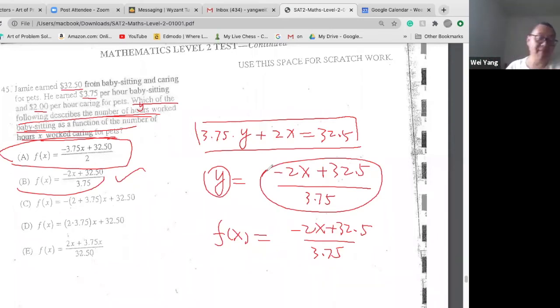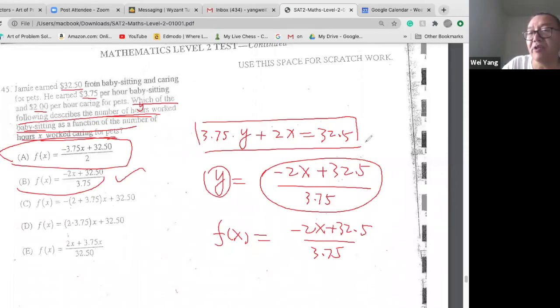Okay, so next time when you see this problem, don't be confused by this very complex sentence. First, you still use math knowledge. Just write down a very basic equation here. What's the relationship between the money he earned and the number of hours he worked for both babysitting and caring for pets?